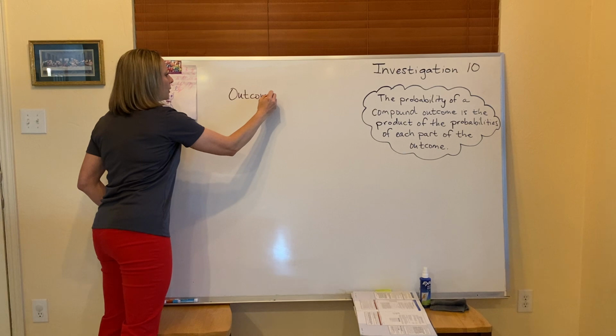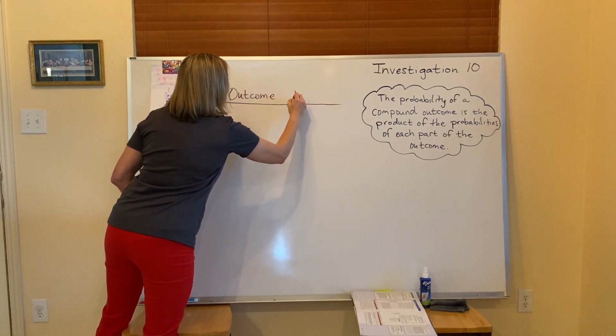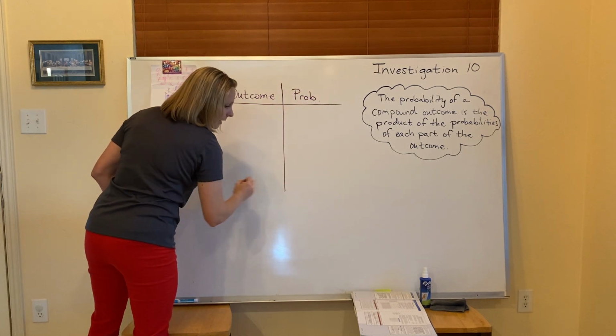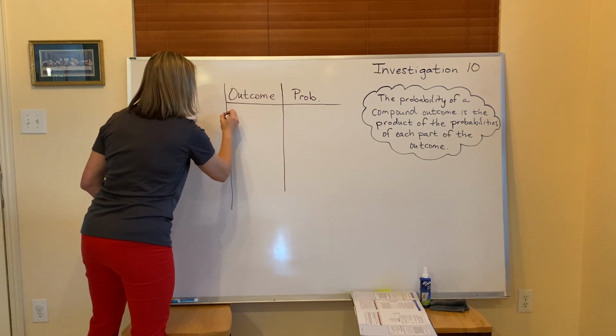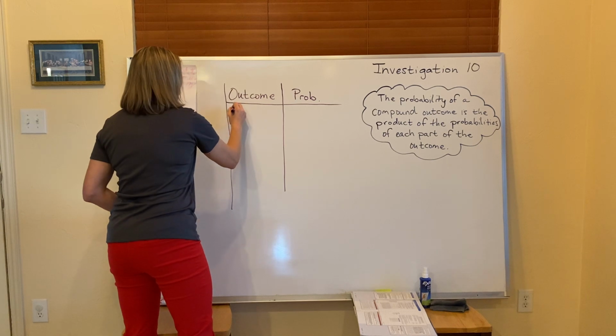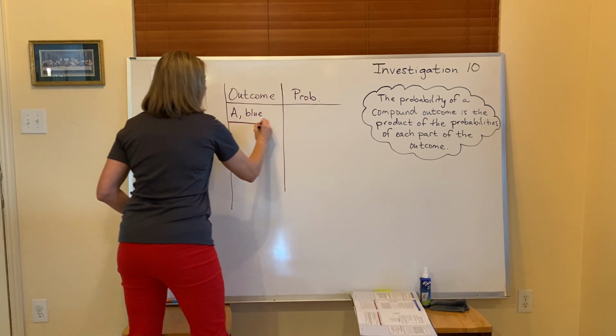Outcome. So these are our options for the outcome. And then probability, just going to abbreviate that a little bit, and make our chart. Okay, so our first option is that we land on sector A and we draw blue, and we already talked about that one, right?